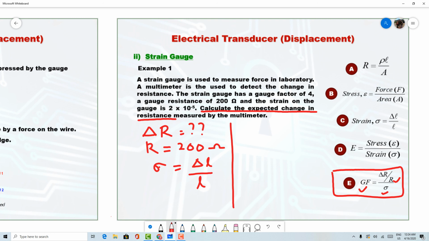When we apply force, there is a change in resistance, right? Let's try this example one first: what's the value of delta R based on the information given? Thank you. We will continue in the next videos.